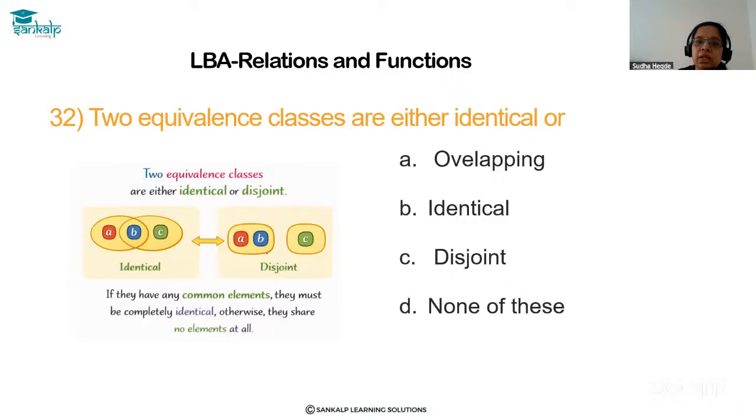So two equivalence classes are either identical or they are disjoint. What do you mean by disjoint? There's no common element. So check the options. Overlapping, it's not correct. Identical, no. So disjoint is the correct answer. Thank you.